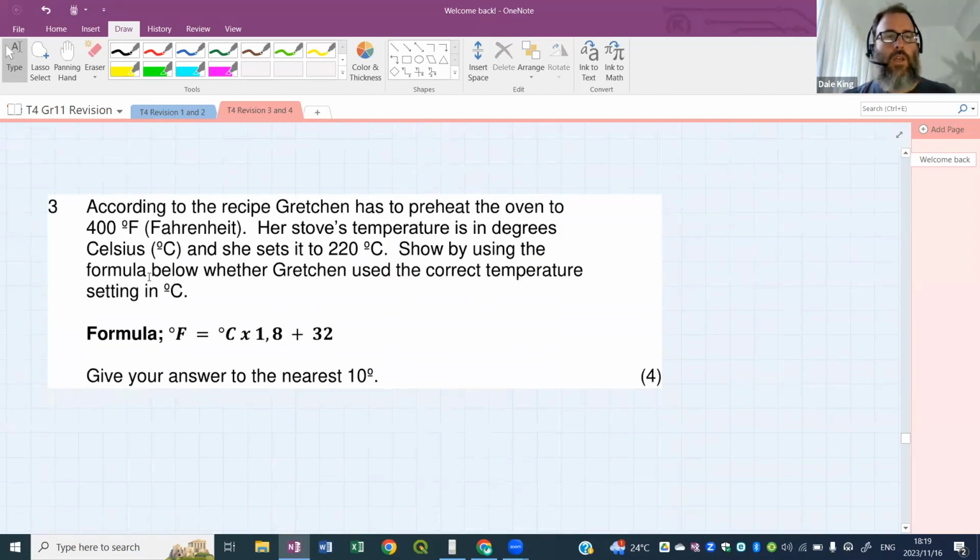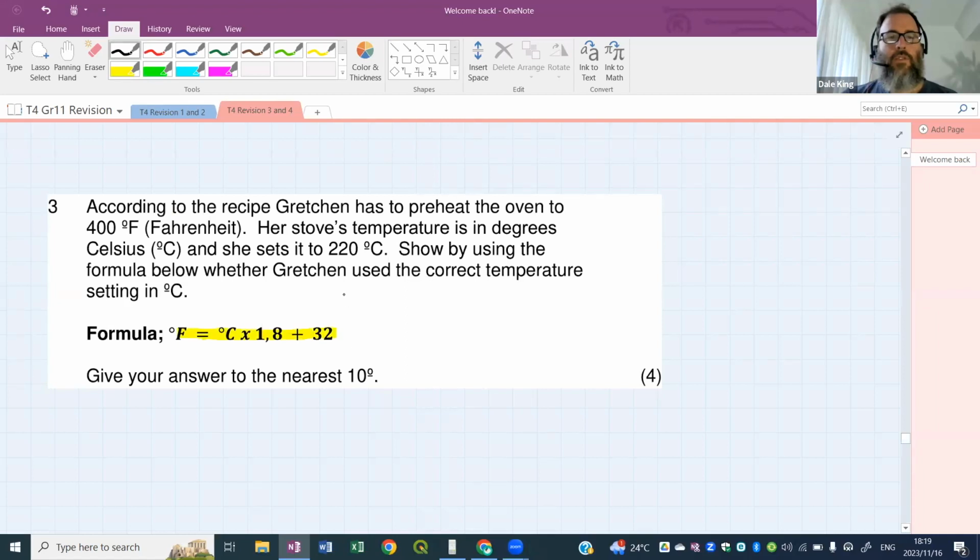Question 3. According to the recipe, Gretchen has to preheat the oven to 400 degrees Fahrenheit. Her stove's temperature is in degrees Celsius, and she sets it to 220 degrees. Show by using the formula whether she used the correct temperature. Did she use the correct temperature? Show if she did. All right, there's the formula that you need to use.